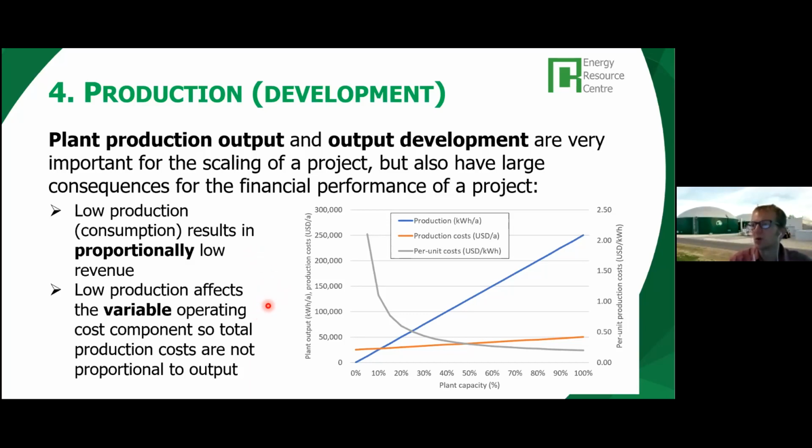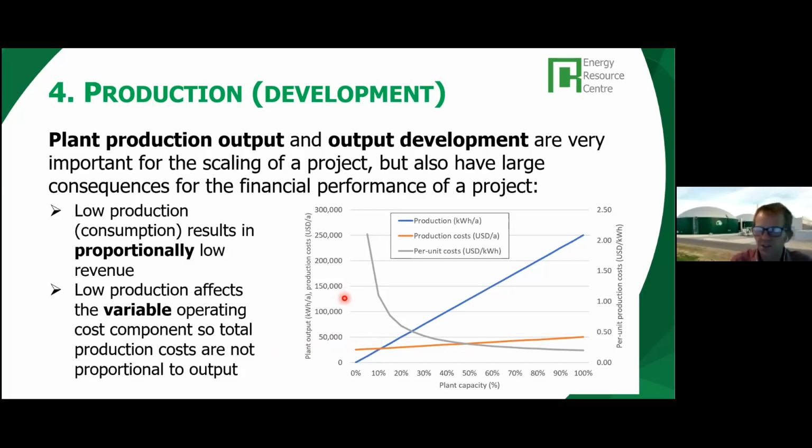So let's say you always have a certain amount of fixed costs, and for some projects where you have especially high investment costs and lower operating costs, the fixed portion of the production cost may be substantially higher than the variable cost components. So you may have very little variation in your production costs related to the actual output of your project.